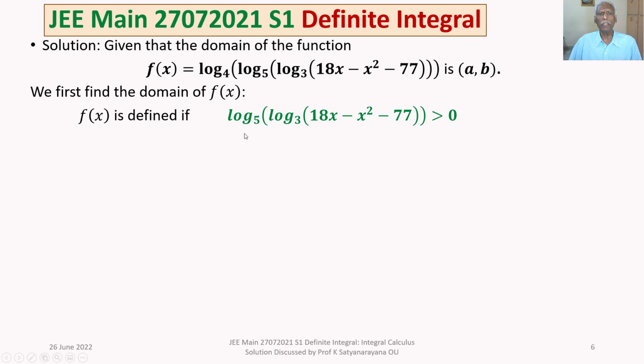This will imply, this 5 will go the other side and this becomes 5 power 0, and log to the base 3 of 18x minus x square minus 77 is greater than 5 power 0, that is 1. This will imply 18x minus x square minus 77 is greater than 3 power 1.